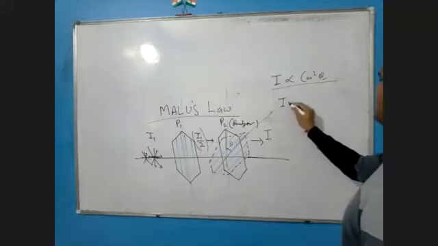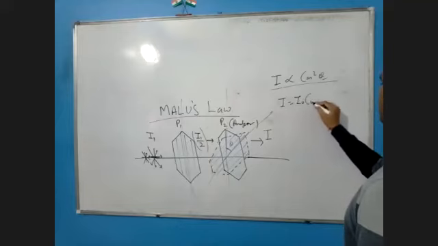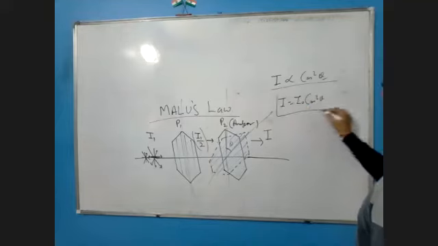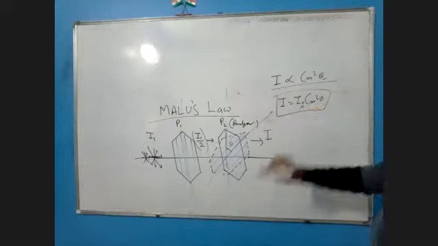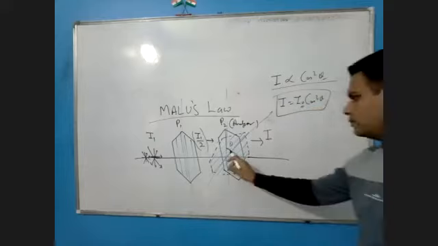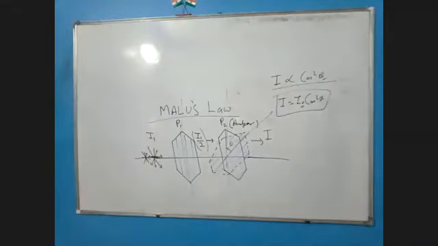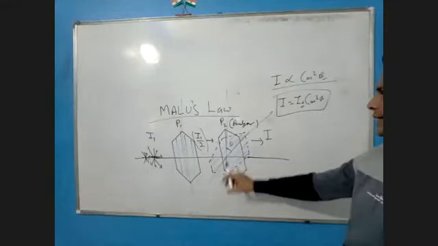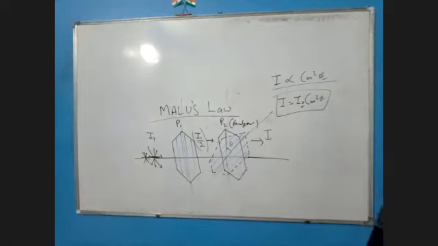So I is equal to I naught cos square theta, where I naught is the intensity that falls over the analyzer.